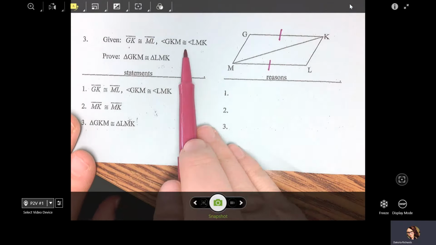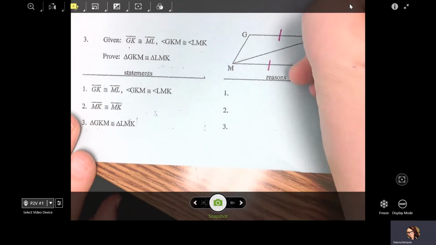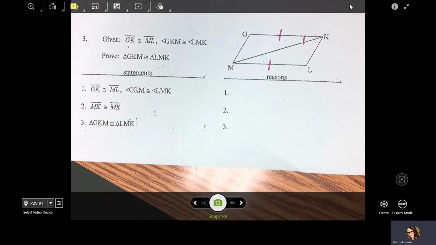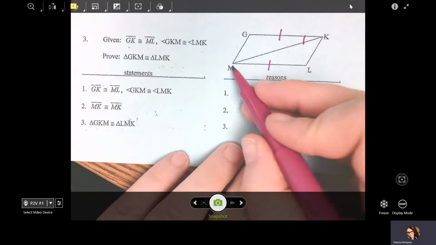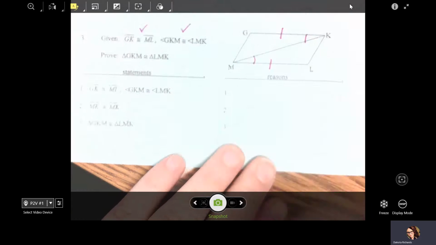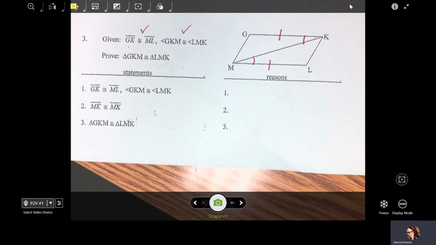Angle GKM, that's going to be here, is congruent to angle LMK. LMK is this angle, okay? So we did those. And prove triangle GKM is congruent to triangle LMK.